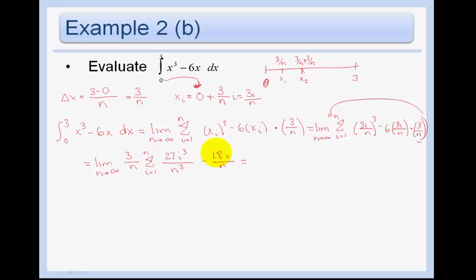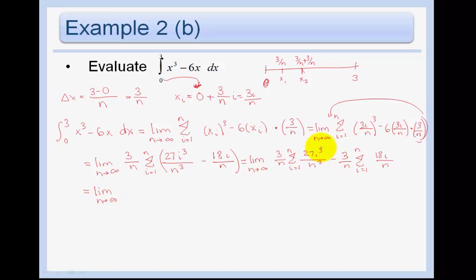I'm going to just push the summation through. And I have to distribute, of course, the 3 over n. I'm not doing anything fancy here. I'm just doing algebra, because it was a summation of this whole thing, and so I need to distribute that.